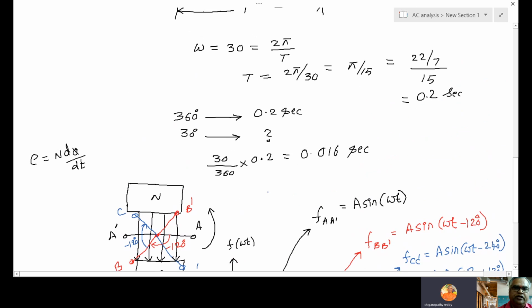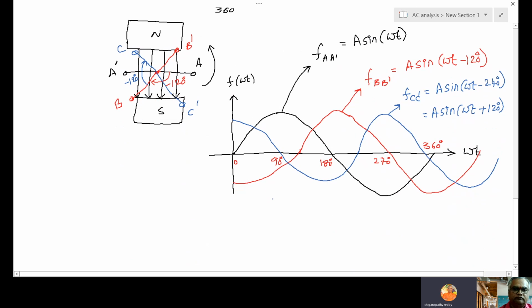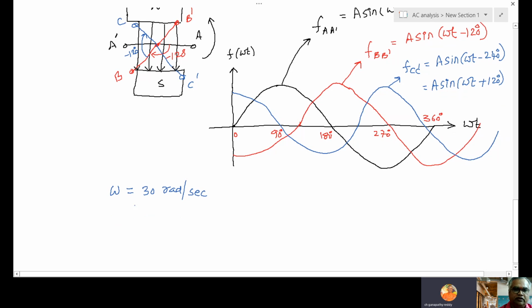Now to understand the meaning of omega, what is omega given? 30. What is this 30 radians per second? What is the meaning of this 30? It is completing 30 radians in 1 second time.